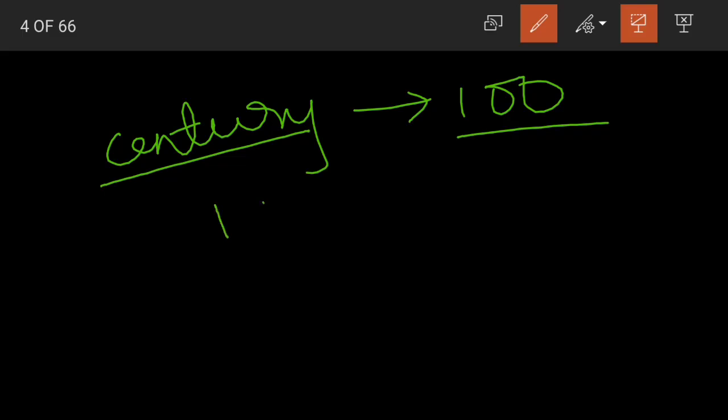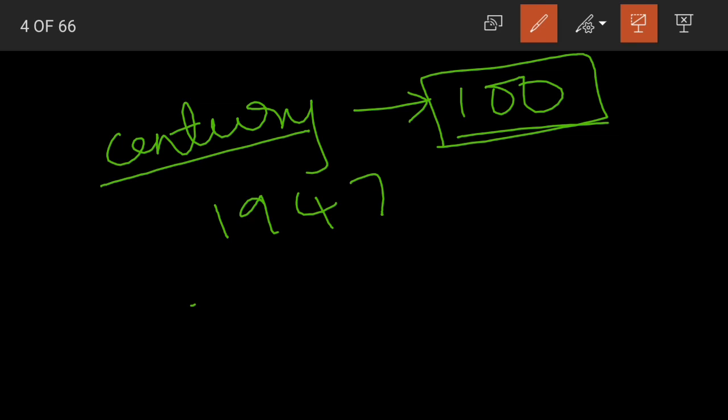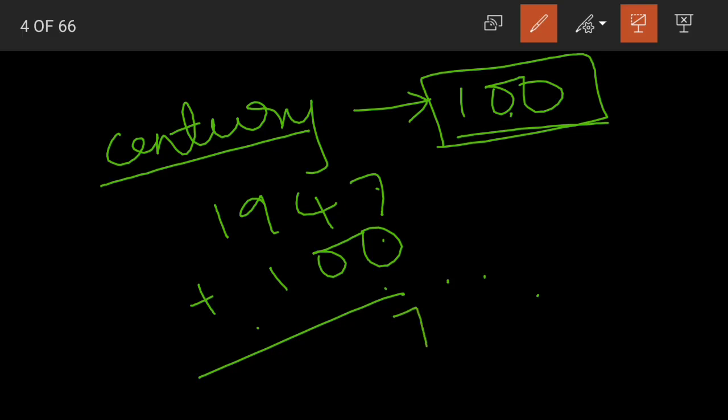In the same way, India got independence in 1947. So in which year will India complete its 100 years of independence? How will we find out? Yes, very good. Again, add 100 to 1947. 7 plus 0, 7. 4 plus 0, 4. 9 plus 1, 10. 1 carried. 1 plus 1 becomes 2.